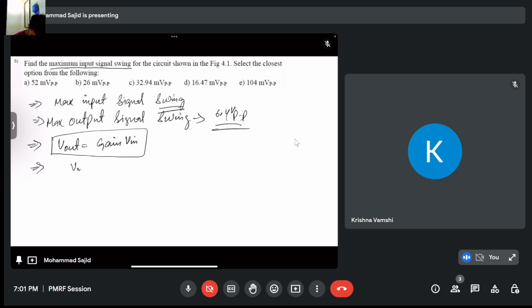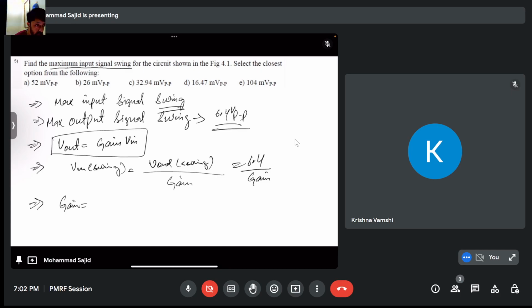So my V input swing will be simply equal to V output maximum swing divided by gain. This is 6.4 peak to peak, that is known to us. What is the gain? We calculated the gain earlier various times. That will be simply equivalent to GM times RC parallel R0, right?